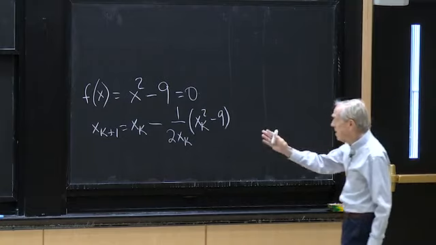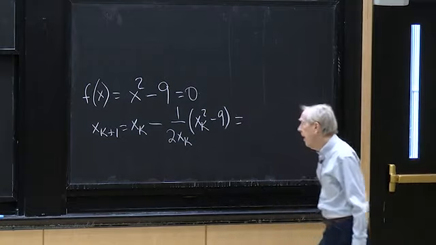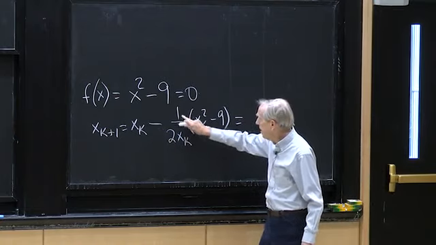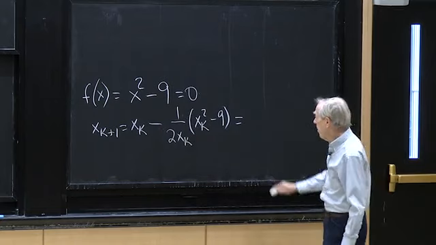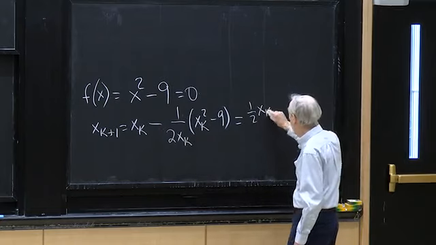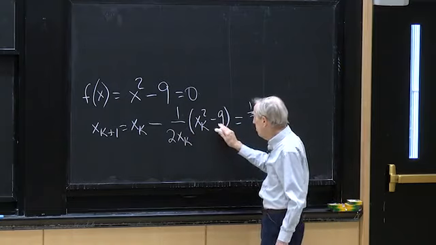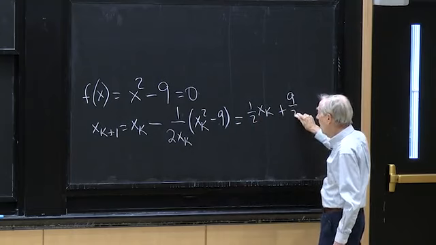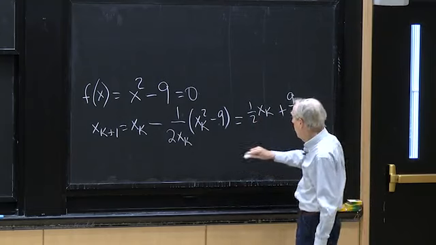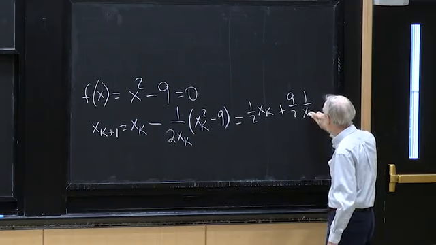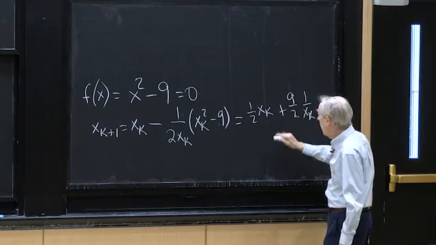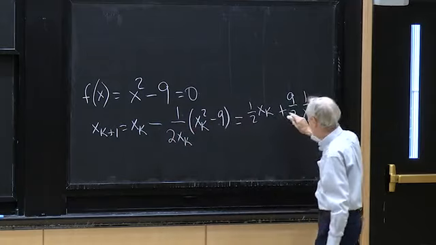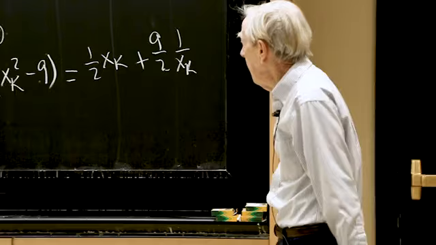This determines xk plus 1, and let's simplify it. So here I have xk minus, that looks like a half of xk. So I think I have a half of xk, and then this times this is 9 halves of 1 over xk. Is that right? Half of xk from this stuff, and plus 9 halves of 1 over xk.